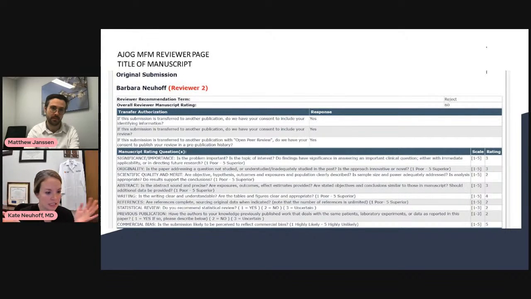That's before it gets published at your journal or another journal, but these are the things that need to be addressed, instead of, this paper was terrible, throw it away. It's a very systematic bullet point thing that's easy to read and easy to address, one step at a time.